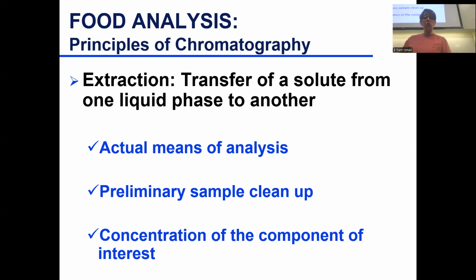It's also used to concentrate components of interest. For example, flavor compounds are present in very tiny concentrations, so sometimes you extract them from other components to concentrate them so that you're able to analyze. So extraction is used in many ways: for analysis, for cleanup, for concentration.